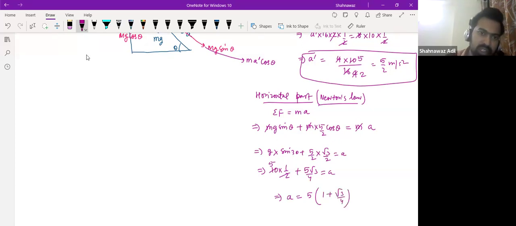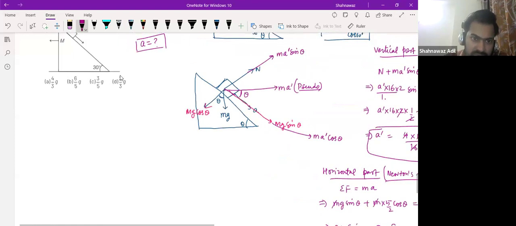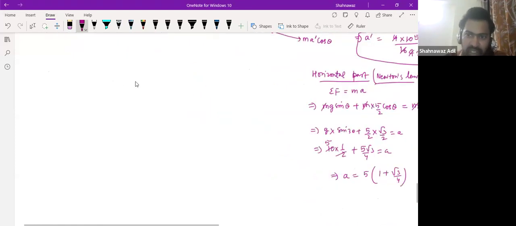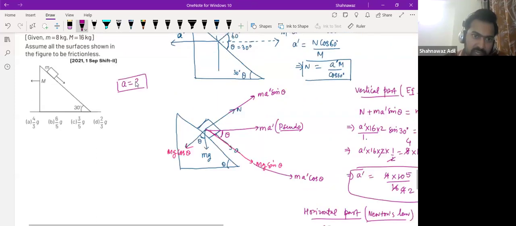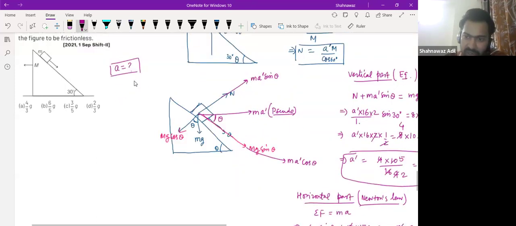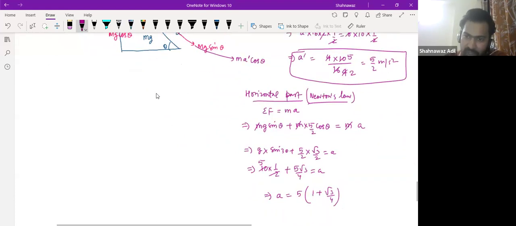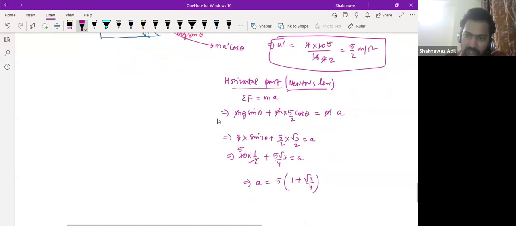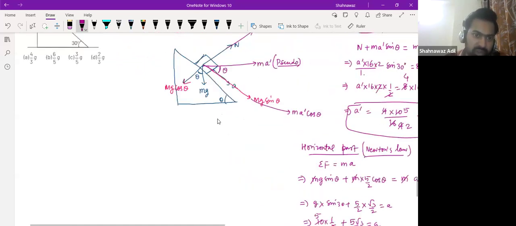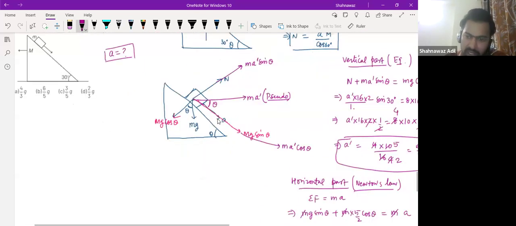So what was the answer in here? Oh, they have written it in the form of G. Why is this written in the form of G? Okay, they have written it in the form of G, but this answer is also correct, right?